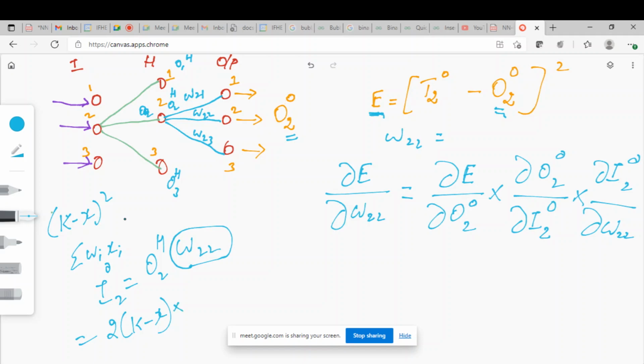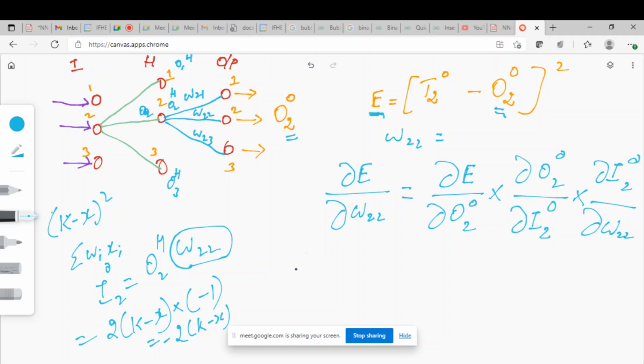Minus 1, right? Because it is minus x, it is minus 1. If it is plus x, it will be just 1. So if it is plus x, this will be 2 into k minus x, but as it is minus, a negative will come. So it will be minus 2 into k minus x. Similarly, if you take the derivative of this, what will you get?